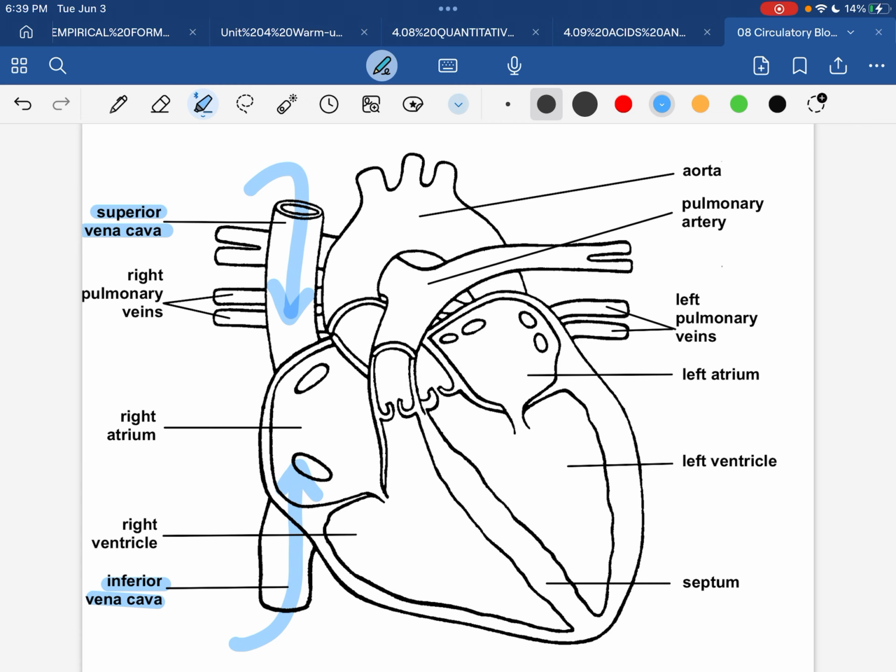So the superior vena cava and the inferior vena cava are where blood comes into the heart from the body. So this is the heart's deoxygenated blood, and it's from the body.